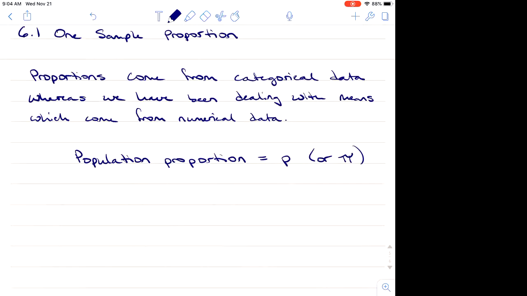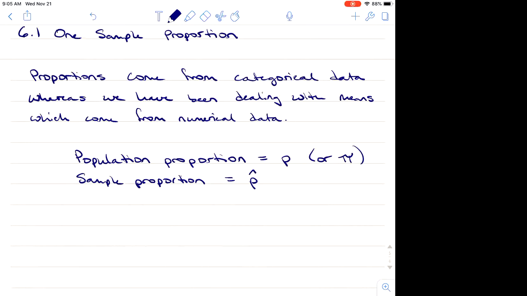And then we have a sample proportion, which is going to be a p hat. We can't use p bar anymore, because p bar would mean the average of p, which doesn't really make sense. So we have to use a hat instead.